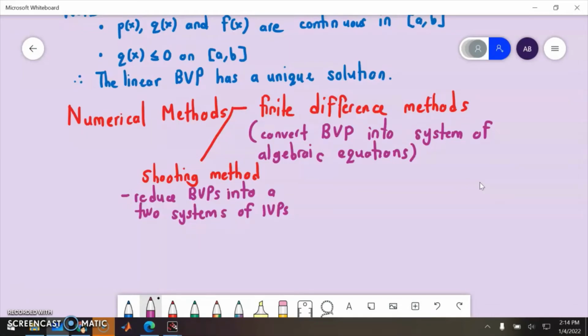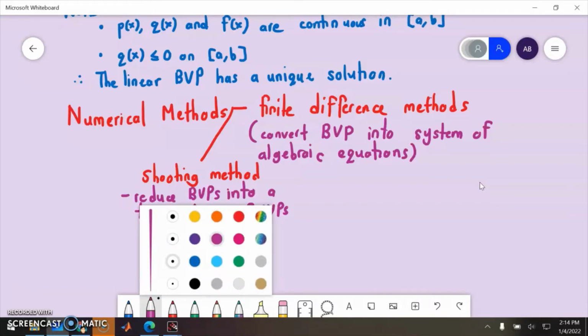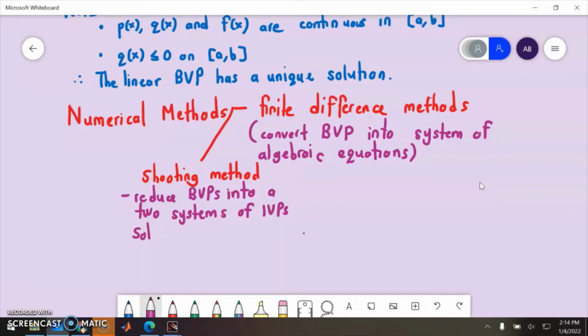Another way is to use the shooting method. This shooting method will reduce this boundary value problem into a system of two initial value problems, and then you can solve the IVPs that you have reduced by using RK methods, Runge-Kutta methods, or linear multi-step methods that we have studied earlier on.